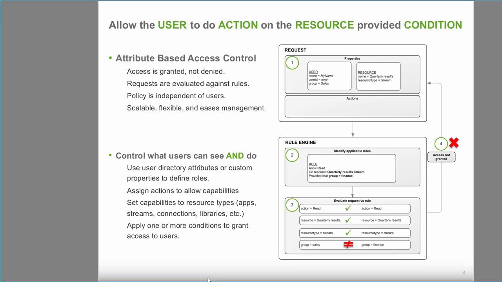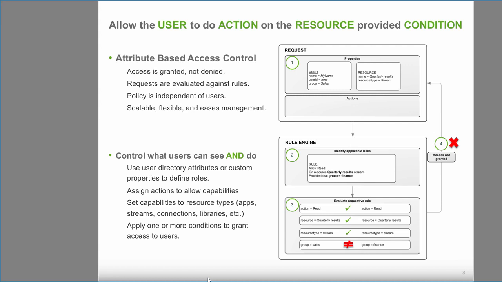So I start off with a request where I have a user who's got a name, they've got a user ID, and then they have an attribute of a group, which is equal to sales. And the resource they want to connect to is the quarterly results, and that is a stream. Now, if we look at what the user can do, if we identify the applicable rules, they're allowed to read on the quarterly results stream, provided that the group is equal to finance.